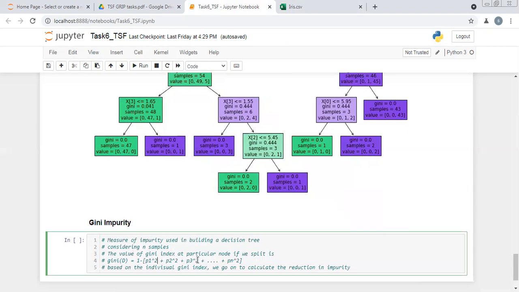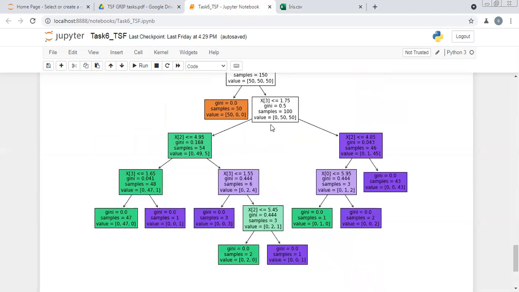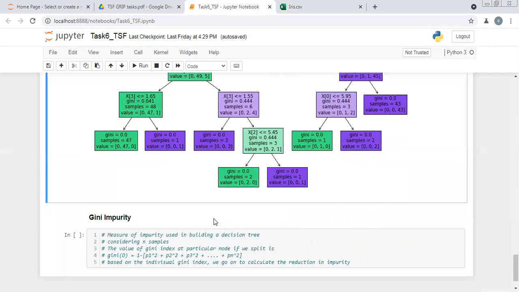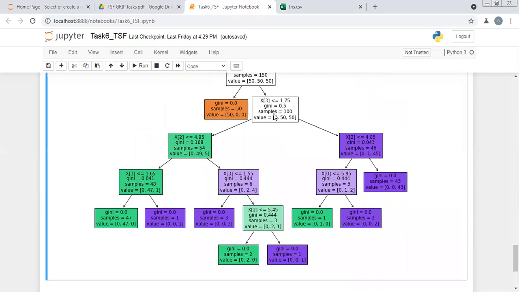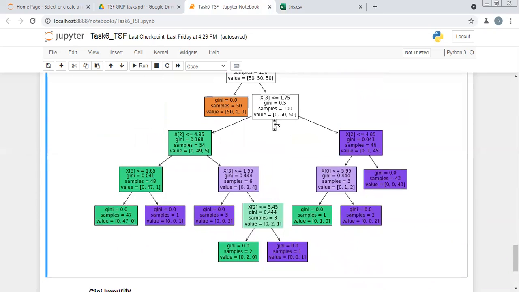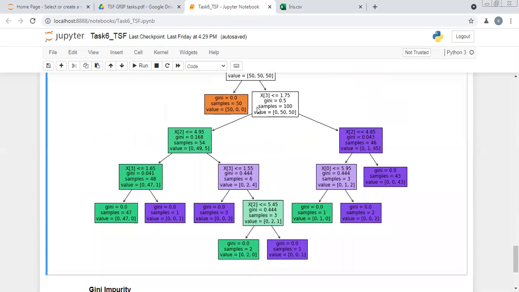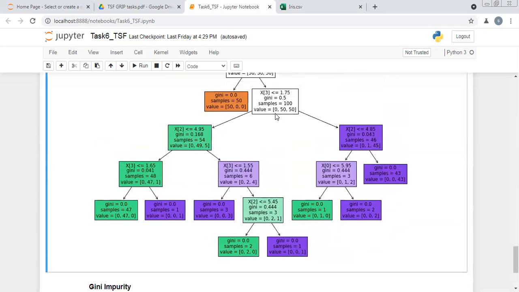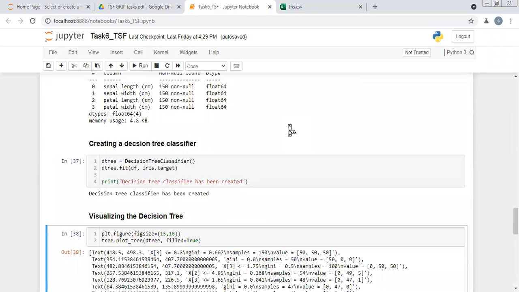Referring to this particular formula, we have two samples here, versicolor and virginica, each of 50, so total samples are 100. You can also see here 0, 50, 50. It tells you that there are no samples of setosa, 50 samples of virginica, and 50 samples of versicolor.